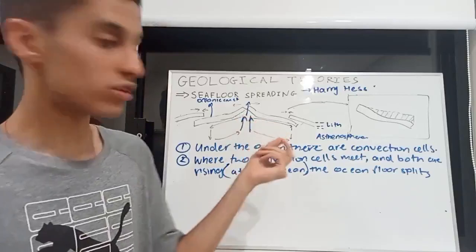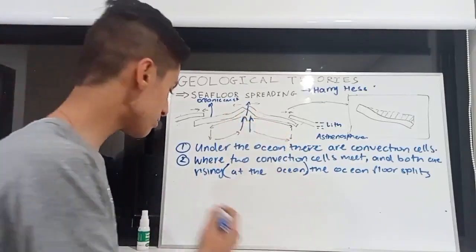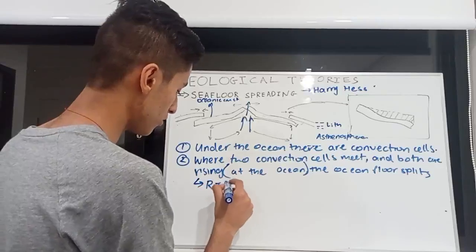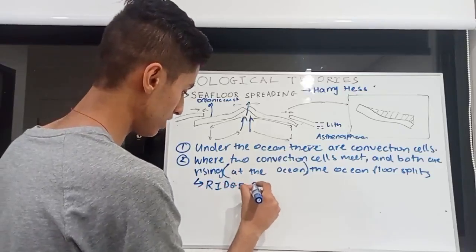As you can see, the ocean floor is splitting. And why does it split? Because we've already discussed this in the phenomenon of ridge push.